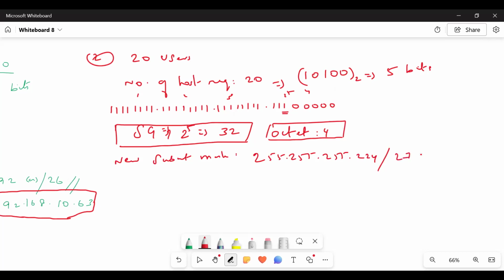That is CIDR notation. This is the new subnet mask. Now we can write the network ranges.